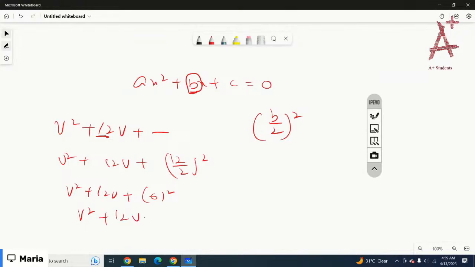It would be v square minus 12v plus 36. Now the square is complete. Basically, it is the square of (v minus 6) whole square. Got it?